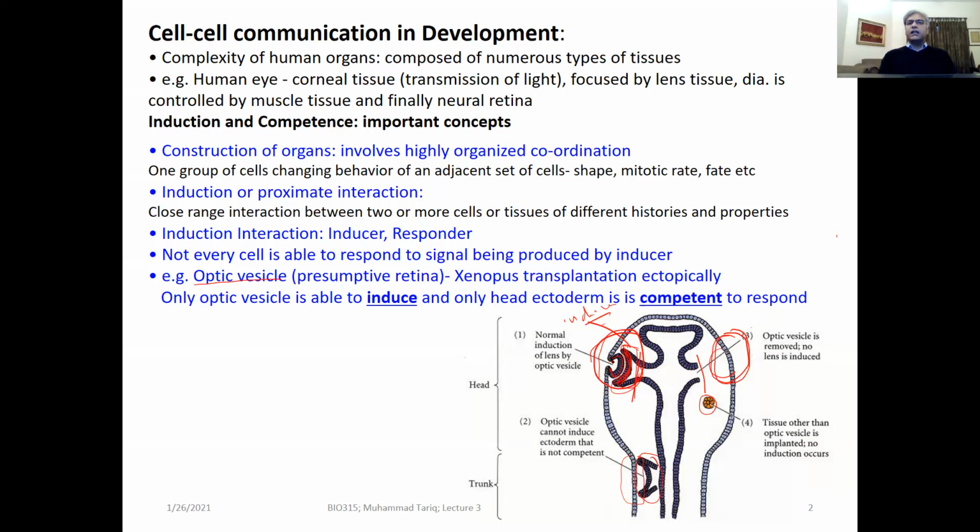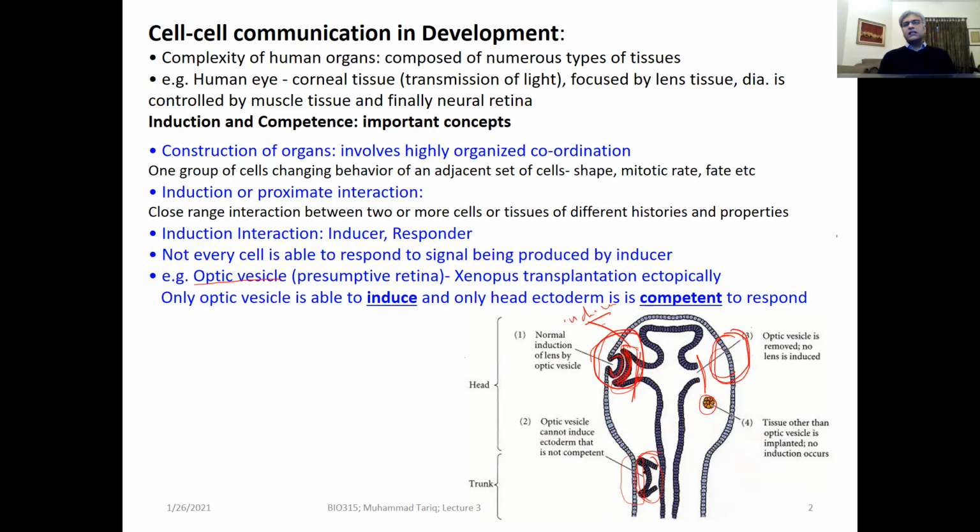And they are competent enough because they respond in the form of a specific conformational or morphological change, which is validated or supported once we remove this optic vesicle. If we remove this optic vesicle and transplant it in an altogether different position, now the signal is there.